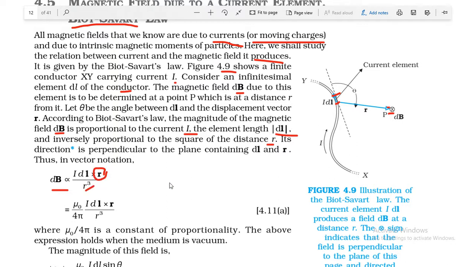Since this r can be written as magnitude into unit vector, if you replace the displacement vector r by r into unit vector, you will get dB is proportional to I dl unit vector r upon r square.